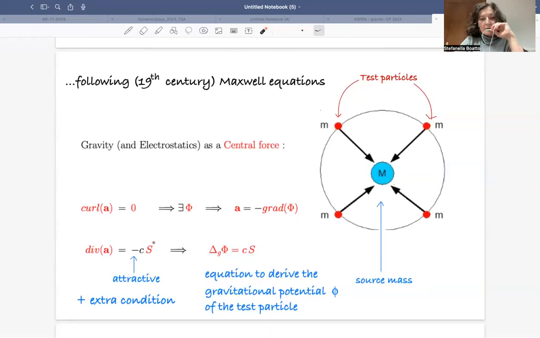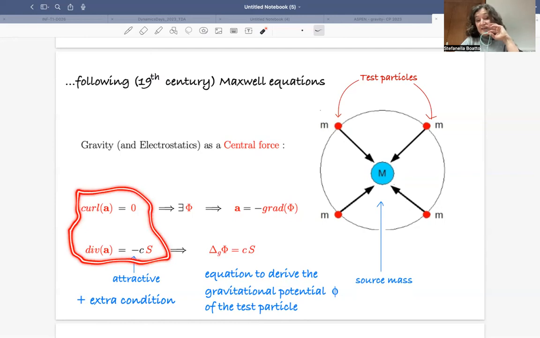This reduction of volume is expressed by the divergence being negative. And here S is the source of the field, which in this case, for example, is the central mass. So those are our field equations.